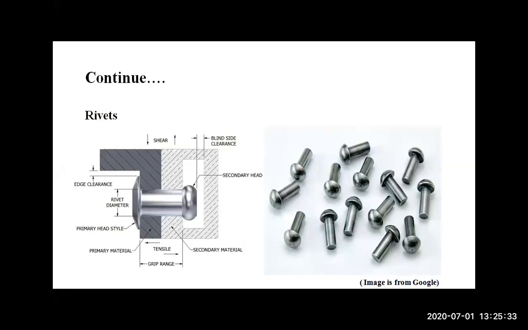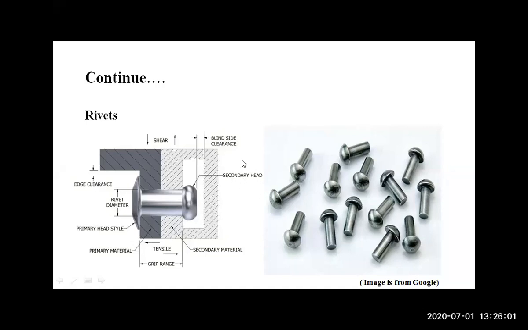Now, second is the rivet. Again, we all are familiar with this rivet. We have seen this rivet connection also. Now, how can we use this rivet in our steel structure? If we see again here, the rivet top head is there, but here there is no bottom head or nut.